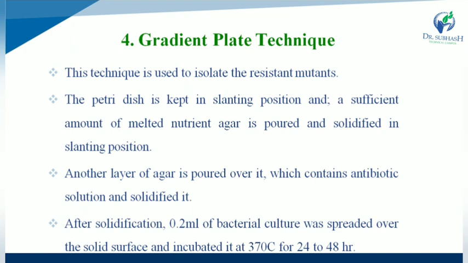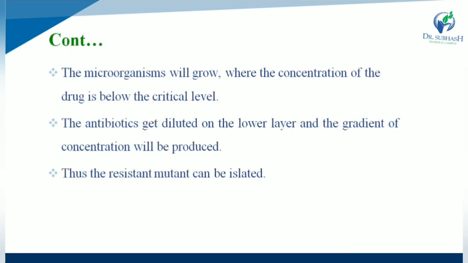After solidifying the second layer of agar, add 0.2 ml of bacterial culture, spread over the solidified surface, and incubate at 37 degrees centigrade for about 24 to 48 hours.